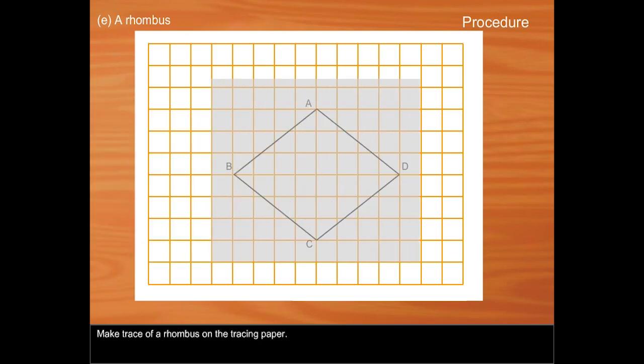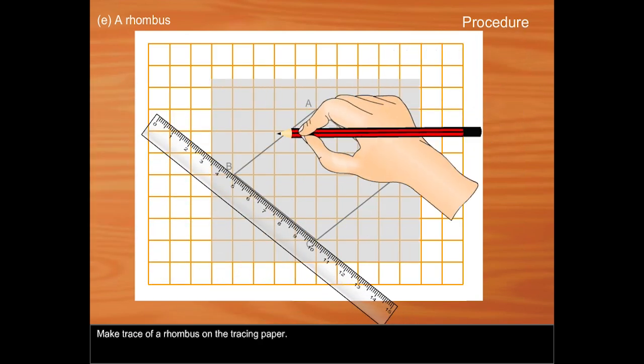A rhombus. Make a trace of a rhombus on the tracing paper.